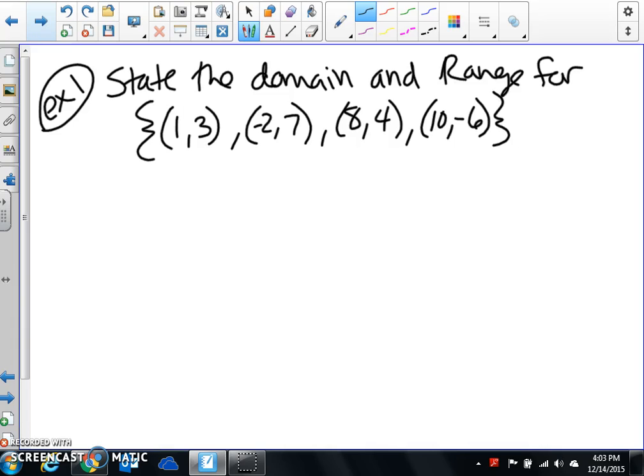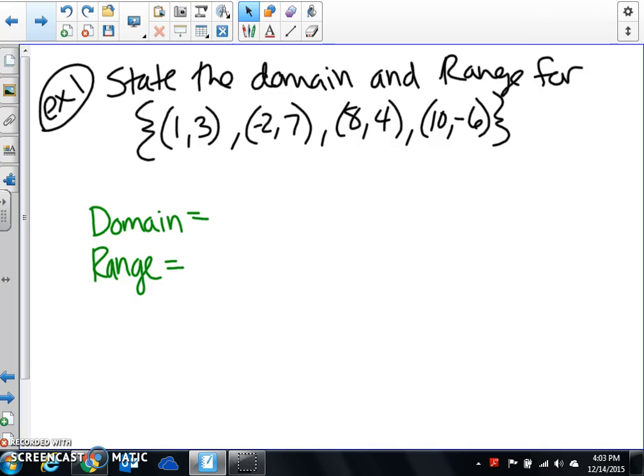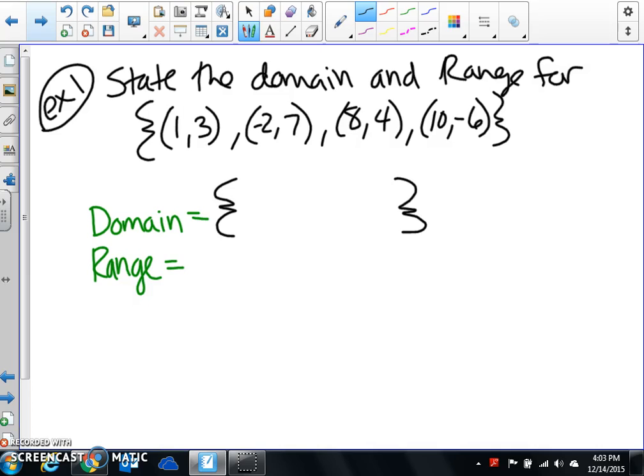What you need to do is immediately write domain equals, range equals. Now these are sets of numbers, just a list of numbers. So for lists of numbers, we use our curly brackets, or our mustaches is what I call them. And yours might be ugly at first, but they'll get better throughout time, I promise you.